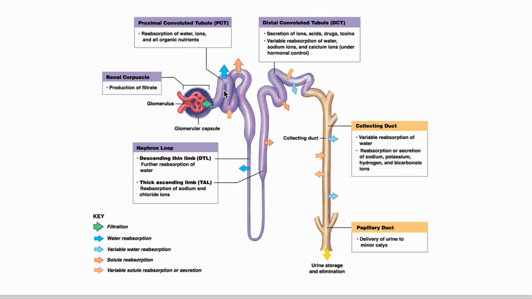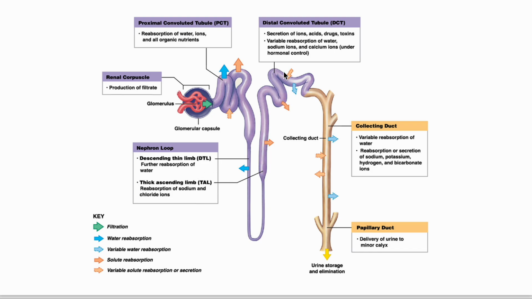So you can see in the renal corpuscle, we want to know that's where filtrate is produced. In the PCT, we're going to see the reabsorption of water, ions, and organic nutrients like glucose. In the nephron loop, also known as the loop of Henle, we're going to see reabsorption of water. We may have reabsorption of sodium and chloride ions.